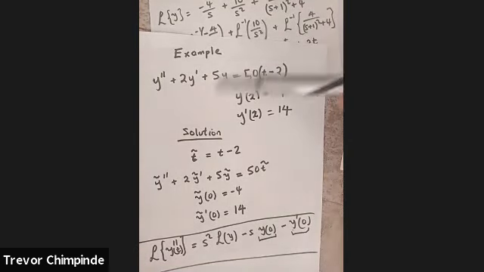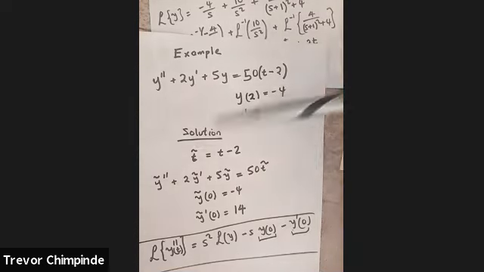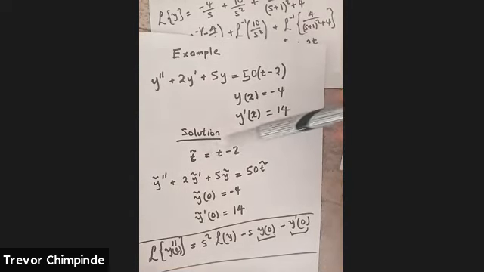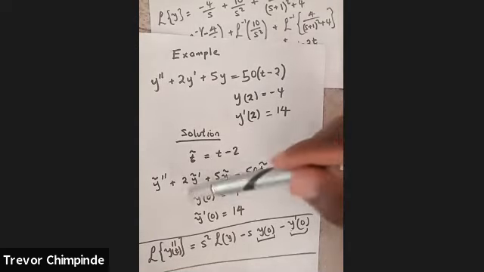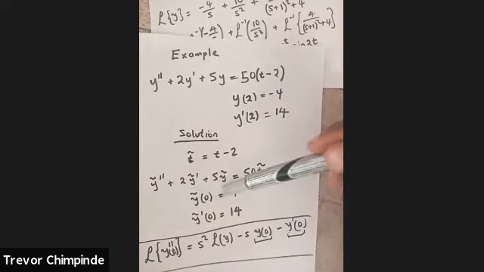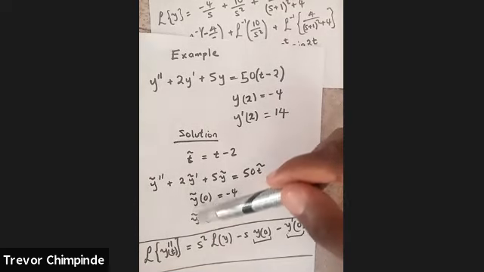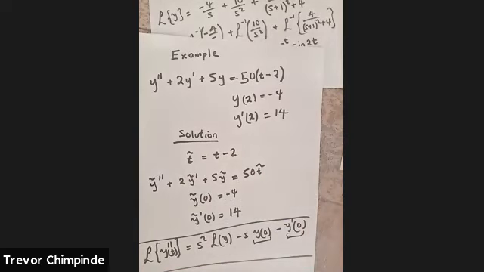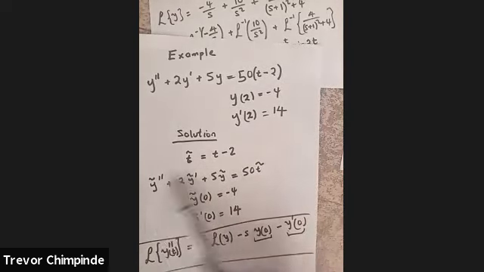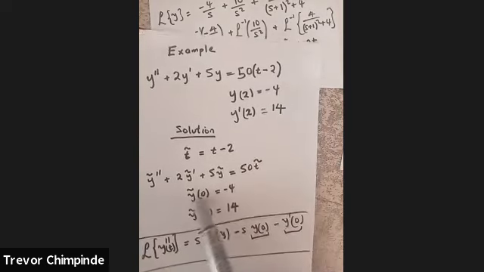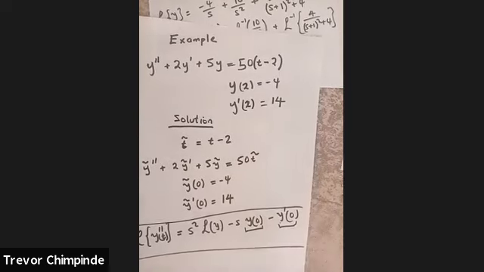We introduce another variable called t tilde, where t tilde is equal to t minus 2. So y becomes y tilde, and y tilde of 0 will be minus 4, and y tilde prime of 0 will be 14 because of this substitution. Once we make this substitution, the problem is now familiar because you have your initial conditions at 0.